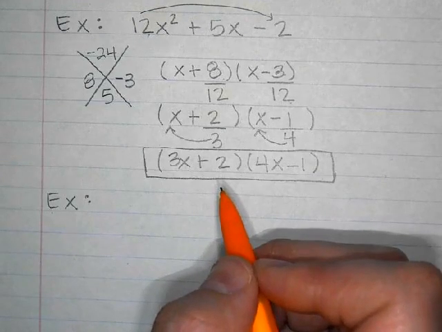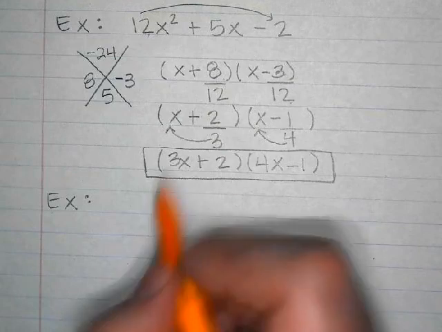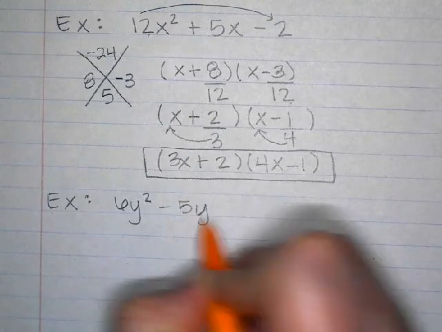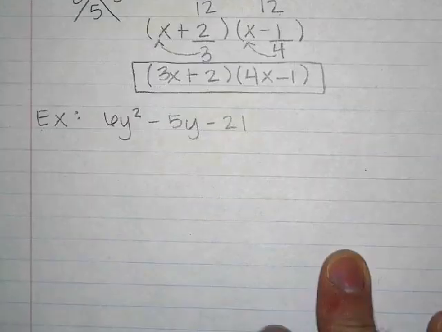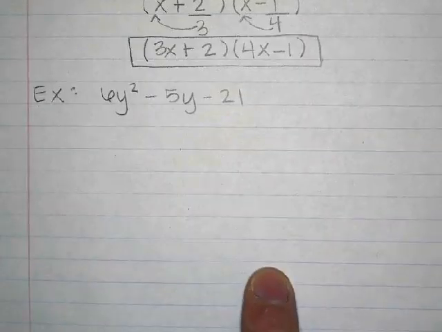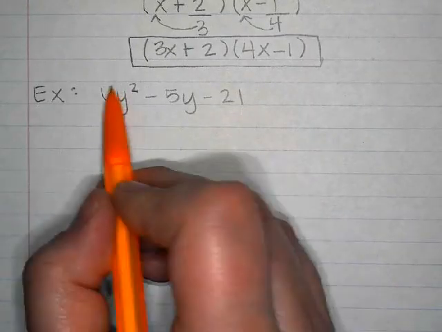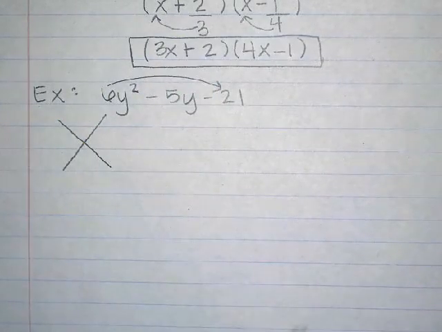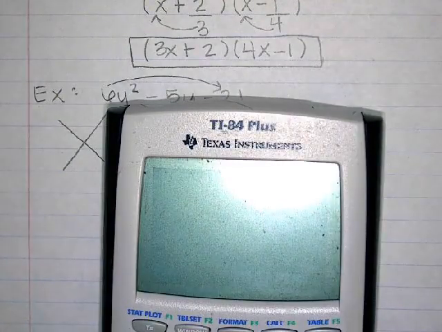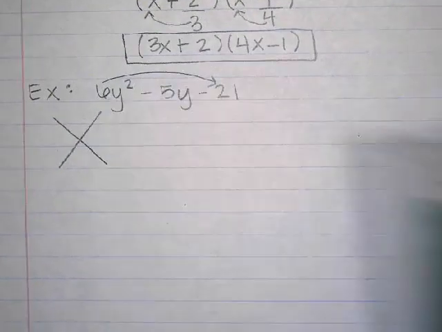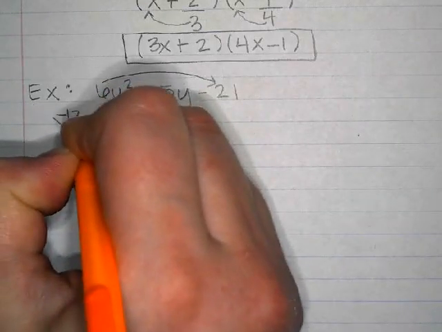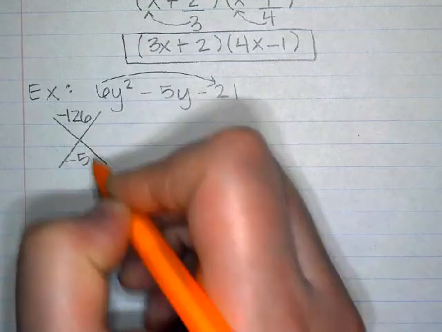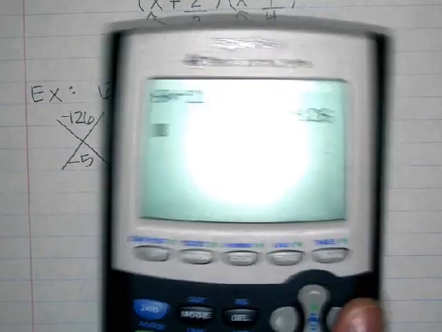Okay, let's do 6y squared minus 5y minus 21. Okay, what do we do first? Multiply. So 6 times the negative 21 is negative 126. So we are multiplying to negative 126 and adding to negative 5.